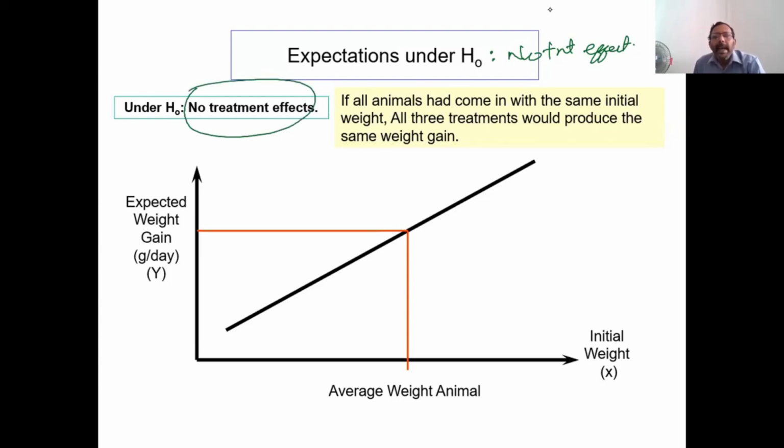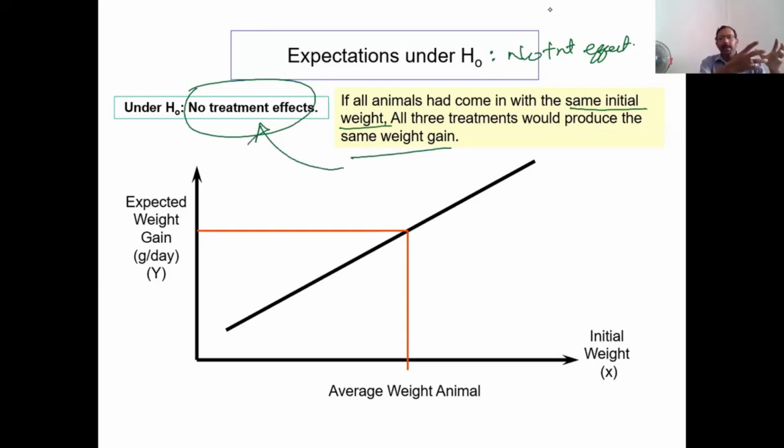If all the animals had come in the initial stage with the same initial weight, normally that is not happening. If they would have come with the same initial weight, all 3 treatments would produce the same weight gain. So that is what we say, there's no treatment effect. Am I right?